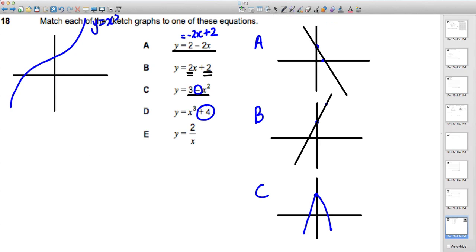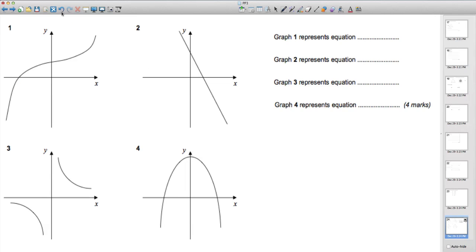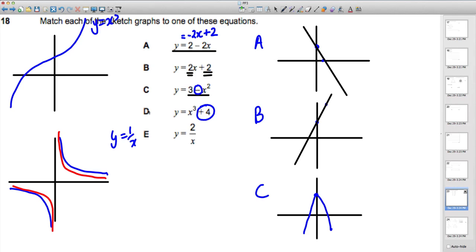And E, lastly, the 1 over x graph, y equals 1 over x, looks like this. And 2 over x looks very similar, just slightly steeper here. It's something like that, very similar shape though. So, knowing we can actually draw the graphs, when we see them, it should be easy for us. This one here, clearly like the cubic, but shifted up by 4, so it must be this one here, D.